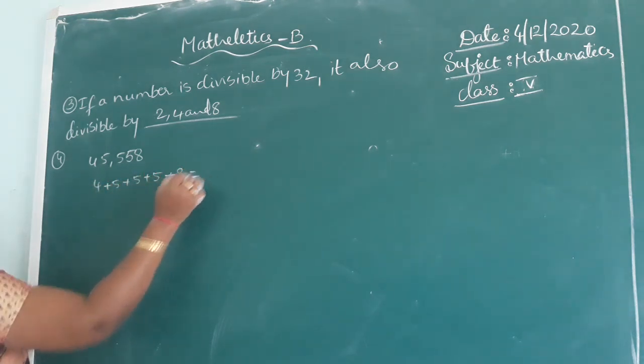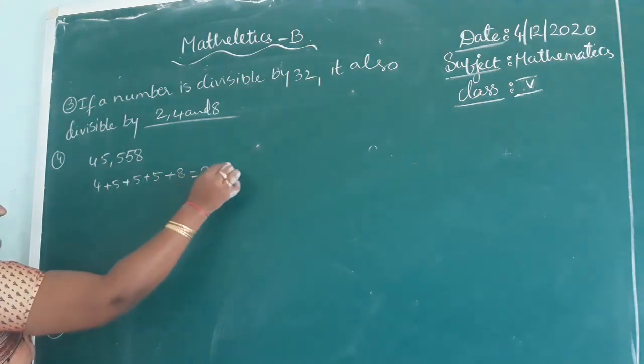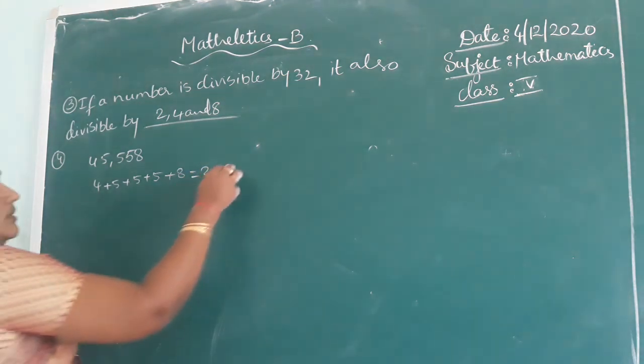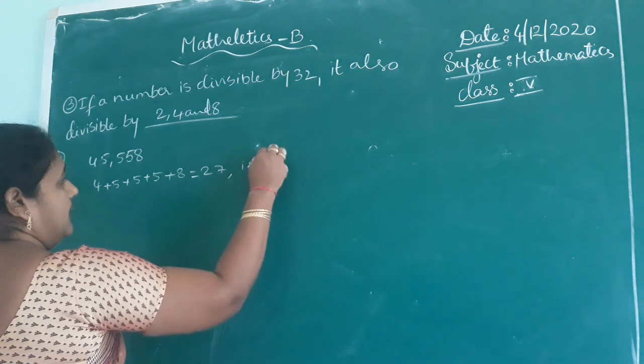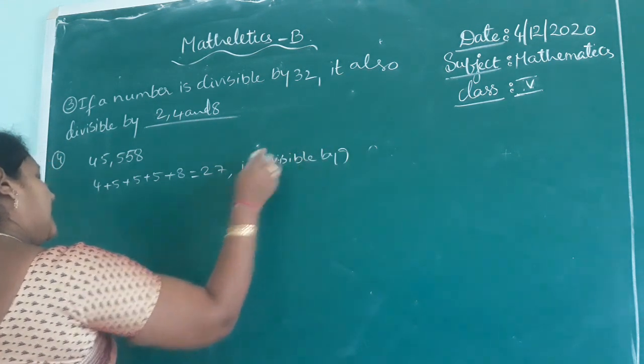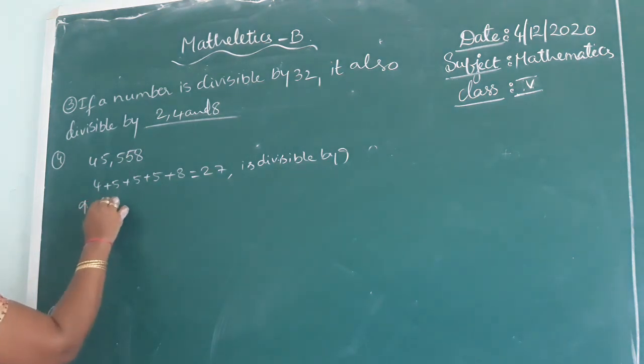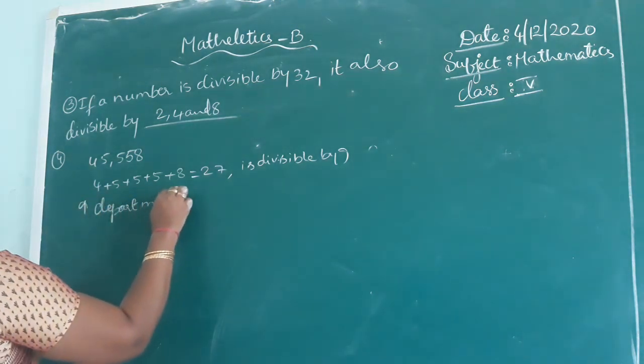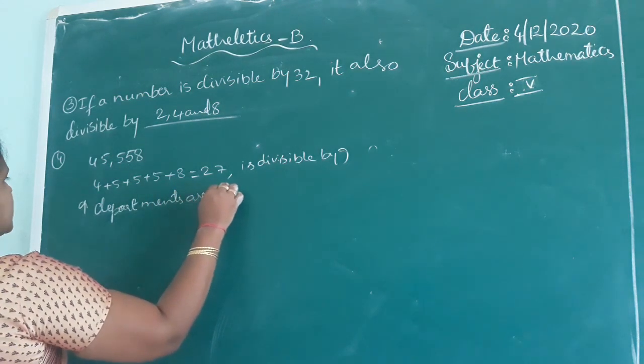It is nothing but 27. It is divisible by 9, so the number is divisible by 9. So here 9 departments are there in the factory.